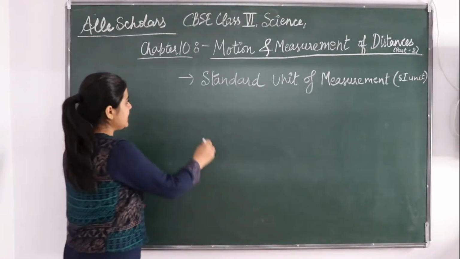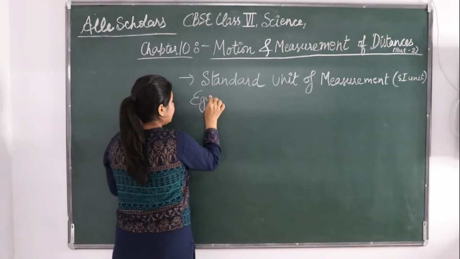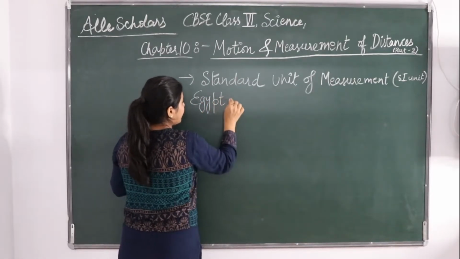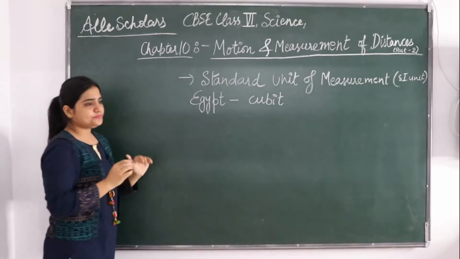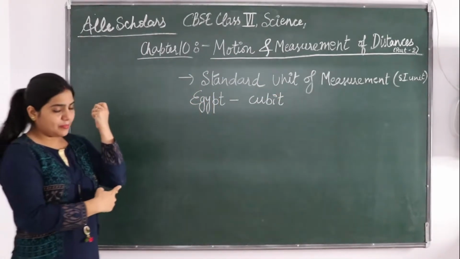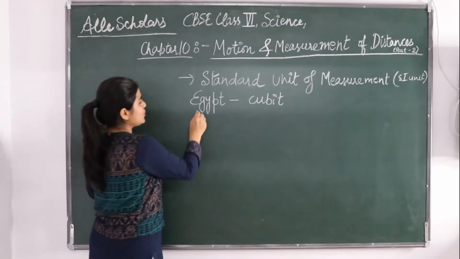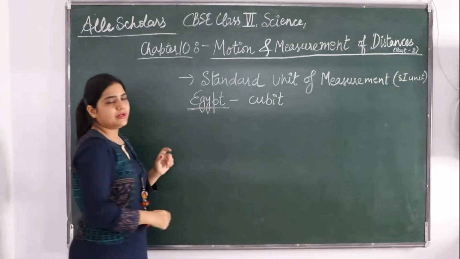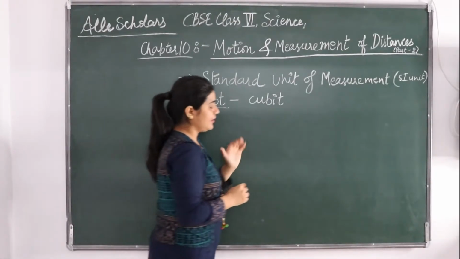So firstly who started it? Egypt, a country. It started with a cubit length, the length from elbow to finger, and other parts of the world also accepted this cubit. This was a measurement of length.